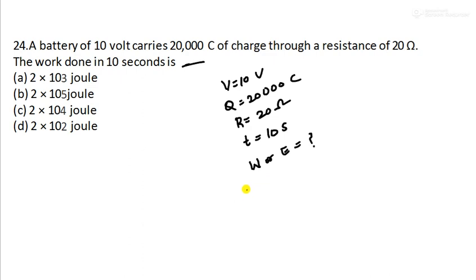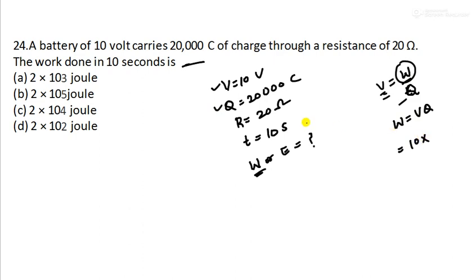Which formula do we have? Work done to transfer charge, W by Q, is called voltage. Now you have both V as well as Q, so we can find W. W is V into Q. What is V?